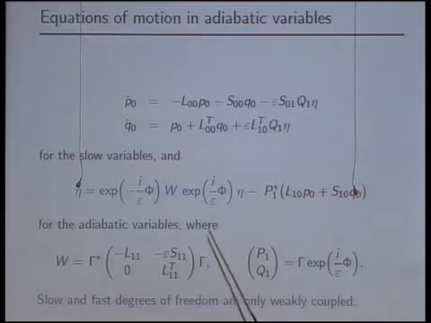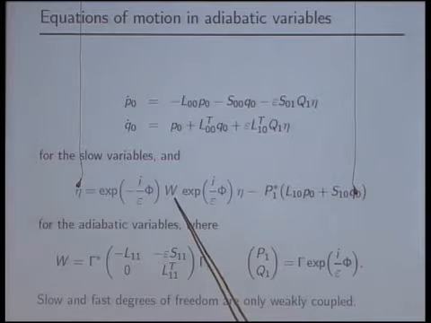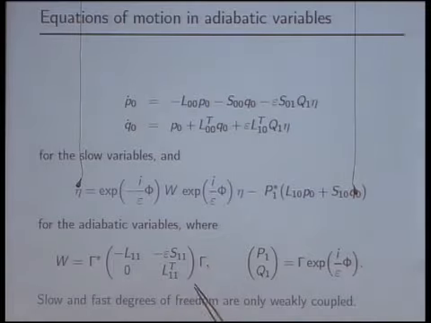Now, there's one important difference to the example that we had previously. In the Schrödinger case, this matrix W was skew-Hermitian. This is no longer the case here. It's, however, a matrix which has zeros on the diagonal. So if you multiply this out, it still has zeros on the diagonal. And this is important for ensuring that the etas are, again, adiabatic invariants.